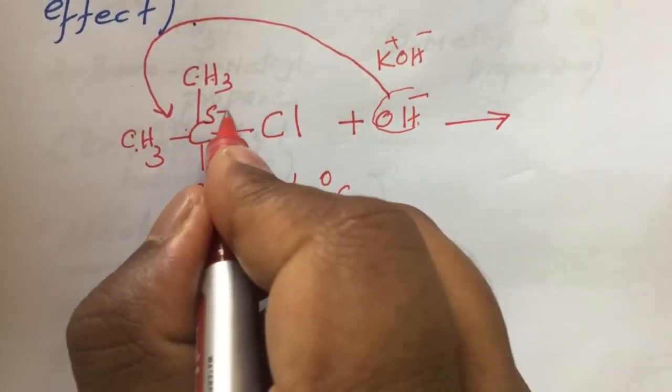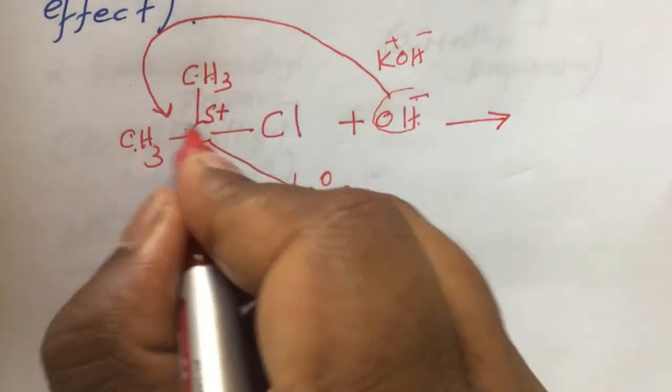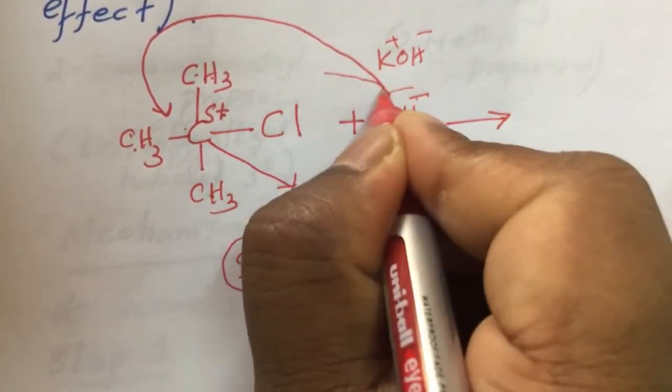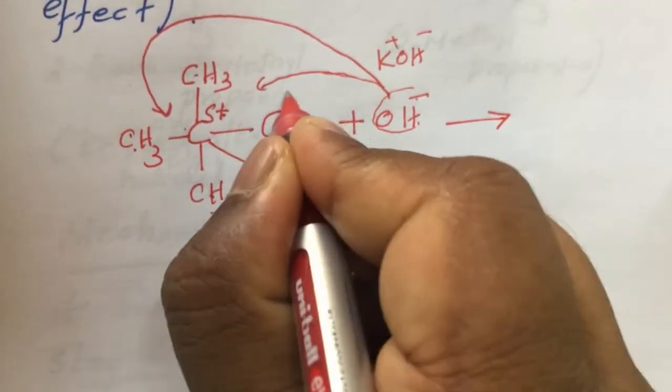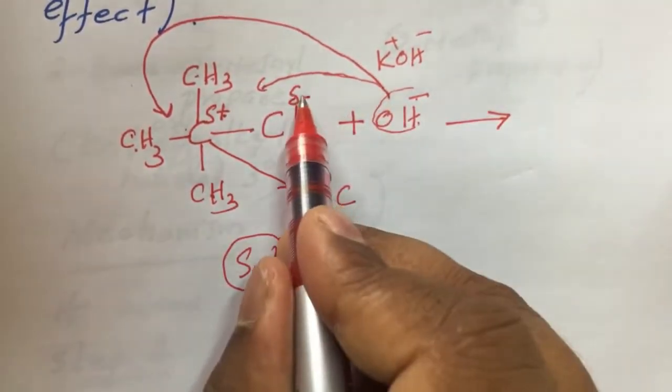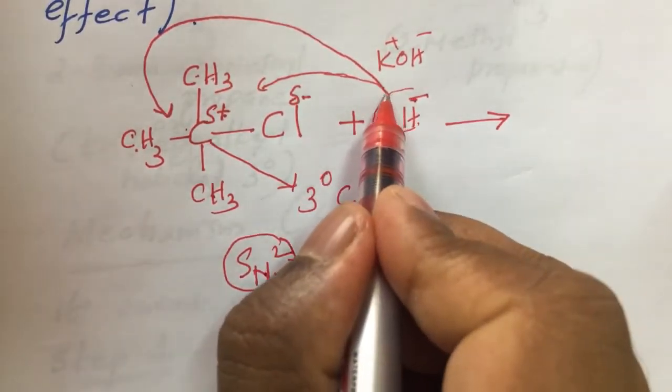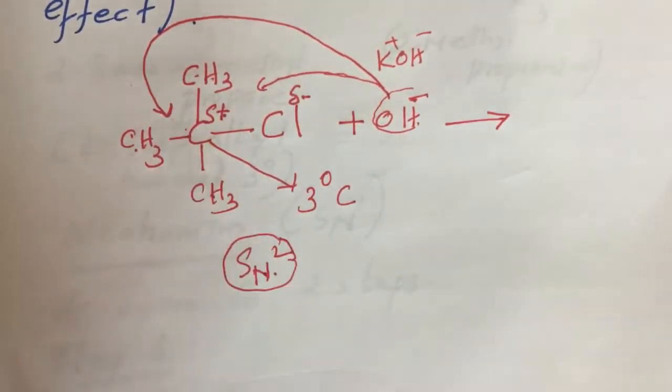Because carbon is positive, OH minus will attract positive. It cannot attack from the front side because here is delta negative, so negative and negative will repel. So in the SN2 mechanism, the nucleophile always attacks from the back side.